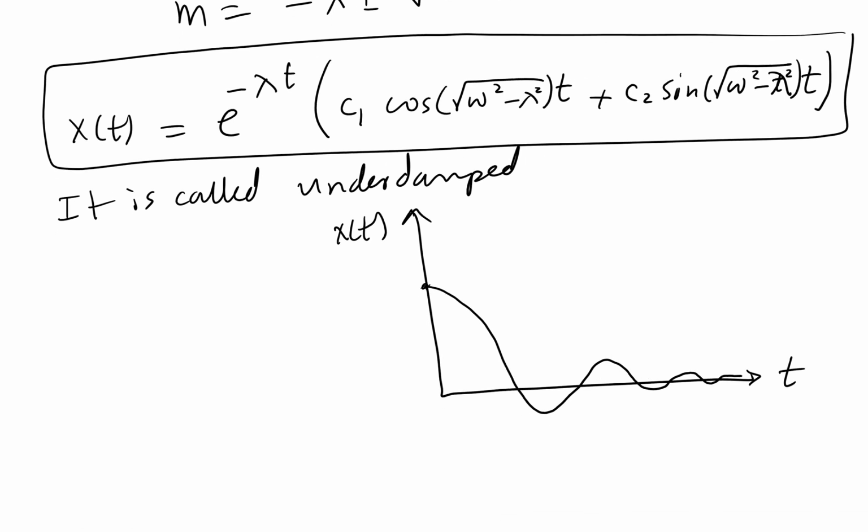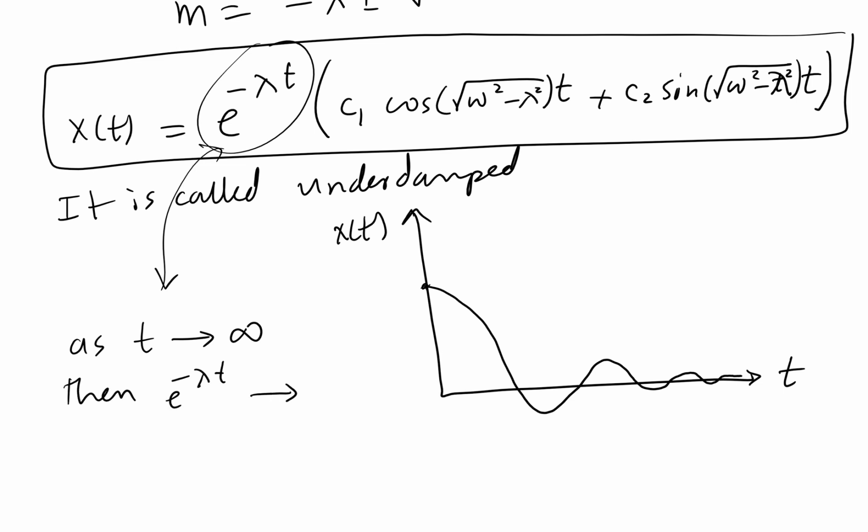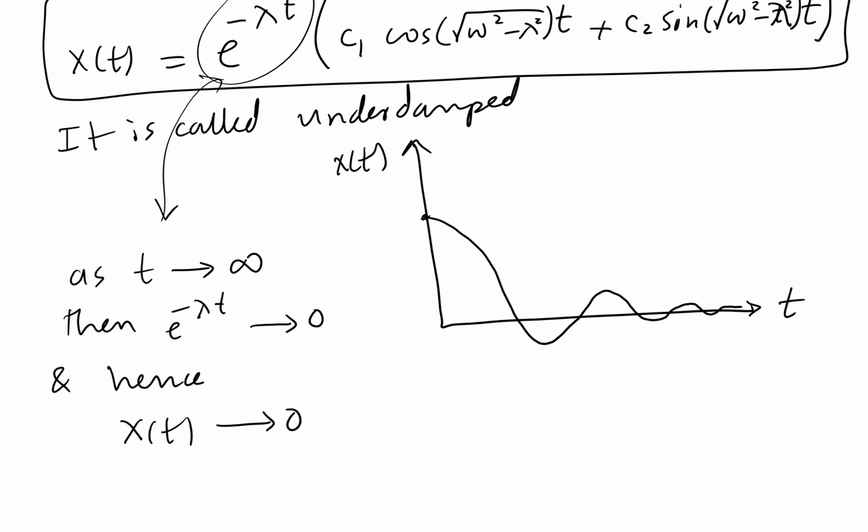If you look at this term, as t goes to infinity, as t gets bigger and bigger, then e to the negative lambda t goes to 0, and hence that tells us x of t also goes to 0. That's why it flattens out. So, three cases. In the first case, there's almost no oscillation. In the second case, it looks like it's going to start oscillating. And in the third one, there is some oscillation, but eventually it's going to go to 0.